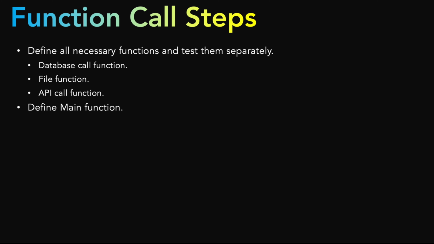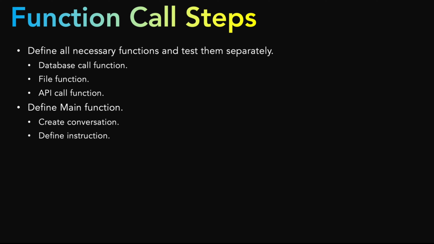Once this is done, we define the main function, which is if dunder name dunder equal to main. Inside of this main function, we make a conversation API call just to make sure that all the input text or the request and the responses belong to the same conversation, so that the large language model has context of the entire chat history.